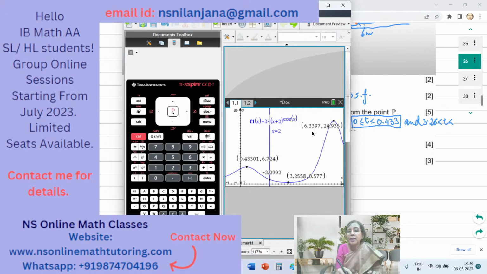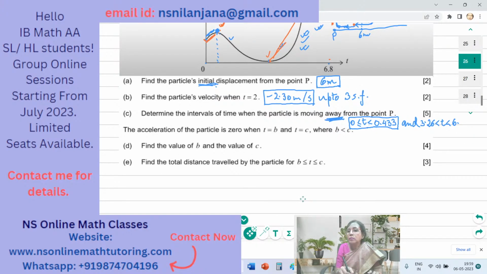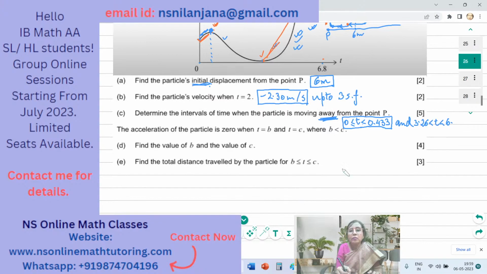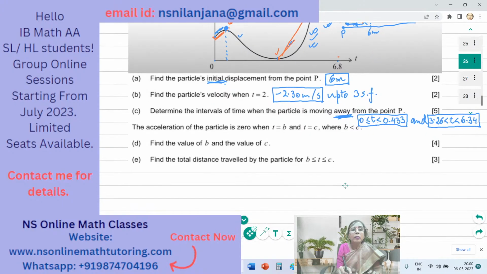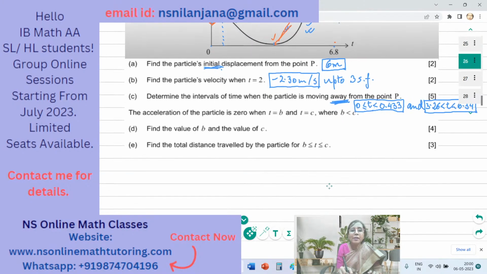Okay, up to 3 significant figures, it is 6.34. We will be taking the x coordinates because the x axis represents the time. So we have answered subpart C.